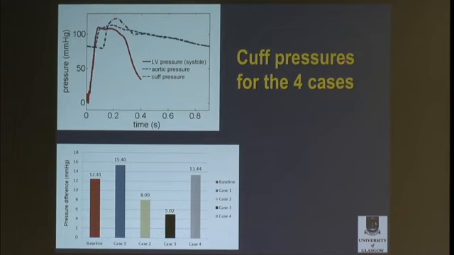You can also use this just to understand what you can and cannot measure with cuff pressure. So these are for the 4 cases again, and this is a normal case. This is illustrating the left ventricle pressure, so just inside the ventricle through systole, and then we've cut it off here. Then the pressure in the aorta as you go through systole into diastole, and you can see the increase in peak pressure under what would be a pressure cuff.